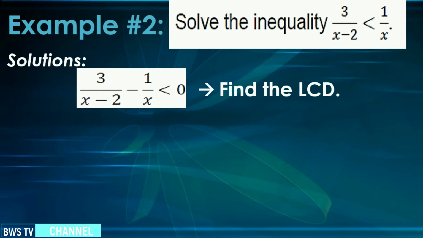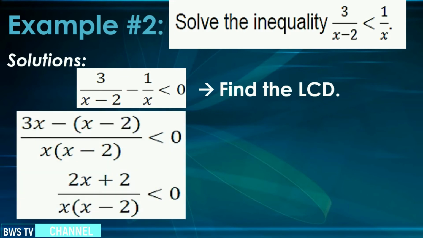Then find the LCD. What will be the LCD? The LCD is x times (x minus 2), so there you have the denominator. And then for the numerator, just cross multiply. 3 times x, so you have 3x minus the quantity (x minus 2) times 1.